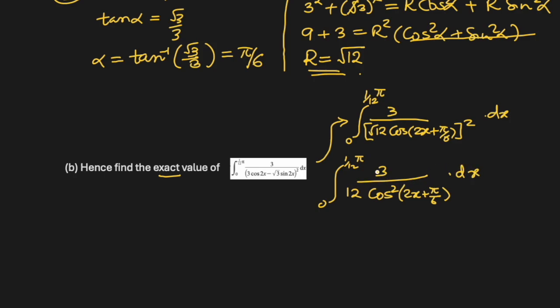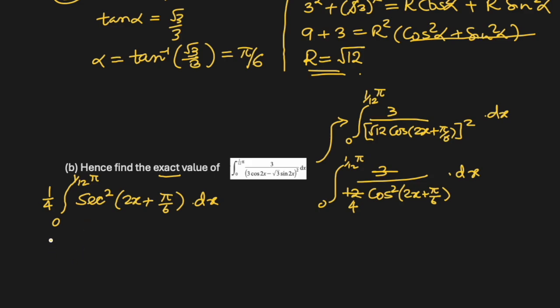In this case, I can cancel this now and put this in front, 1 over 4. So 1 over 4 comes out, the limit remains what it is, and 1 over cos square will be secant square of 2x plus pi over 6 dx. I hope you understand the whole process. The constant has been taken out and secant square is 1 over cos square.